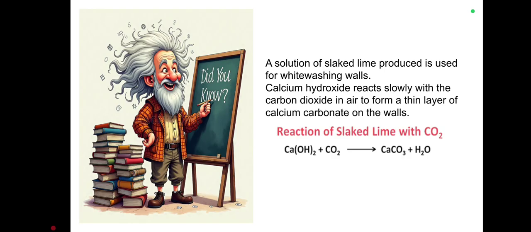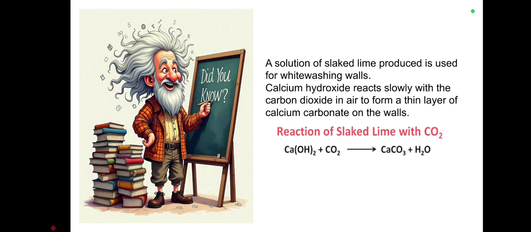Now, you have seen when you are building a new house, you will go for whitewashing the wall, right? After whitewashing, if you keep it for 2 or 3 days, you can see there is a formation of a shiny surface on your wall. So this is a very simple chemical reaction that is taking place over there.